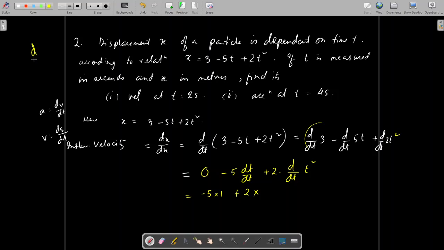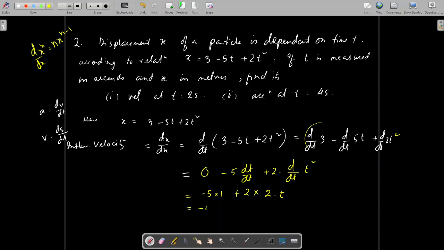The first formula was d/dx of x to the power n is equal to n x to the power n minus 1. So we will use this formula here, so it will give you 2t. 2 minus 1 will be 1, so if you're not writing the 1 here, there will be no problem.